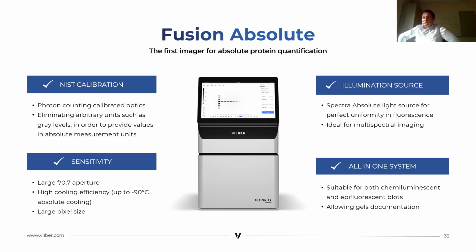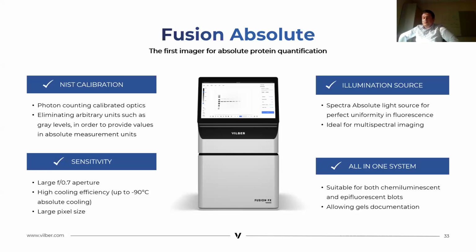Cooling down to minus 90 degrees Celsius, as I said, is also very important. But the most important thing is the large pixel size, because with these three parameters you will be able to detect low quantities of protein, but also, in the same blot, detect high and low quantities without saturation. So for your quantification, it's very important to have big pixels, a large aperture, and great cooling.